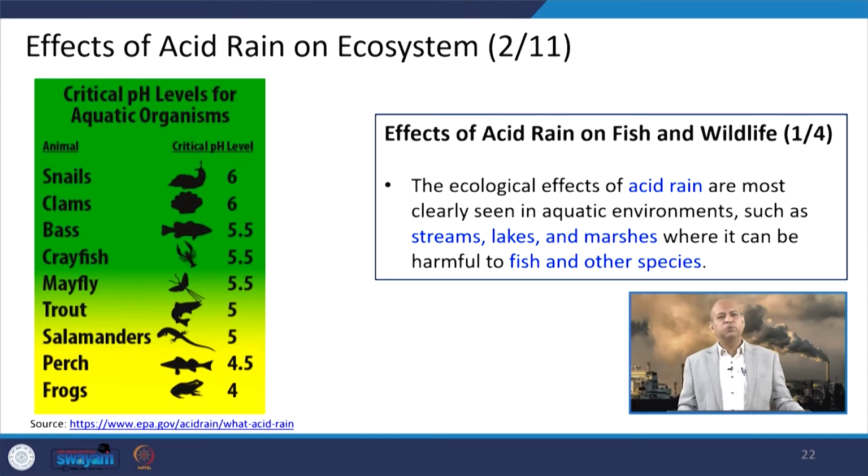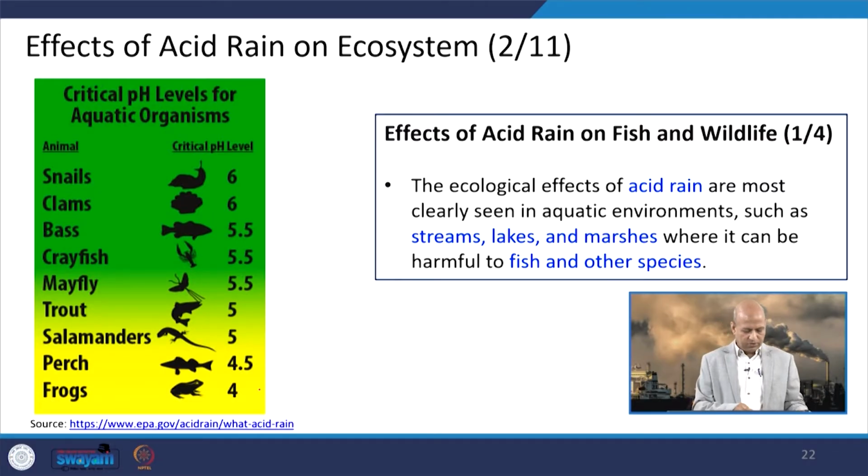So, when we talk about the effects of acid rain on fish and wildlife, different kinds of fish have tolerance limits to different levels of pH. The ecological effects of acid rain are most clearly seen in the aquatic environment, such as streams, lakes and marshes, where it can be harmful to the fish and other species.